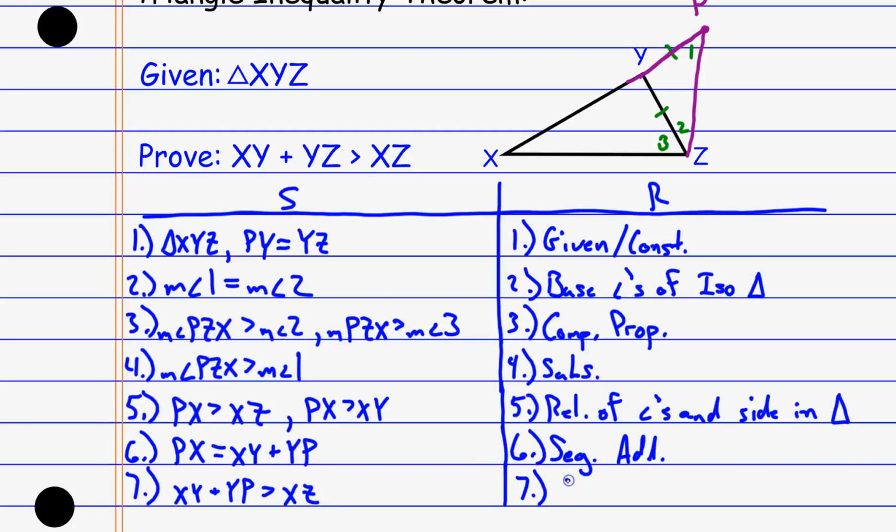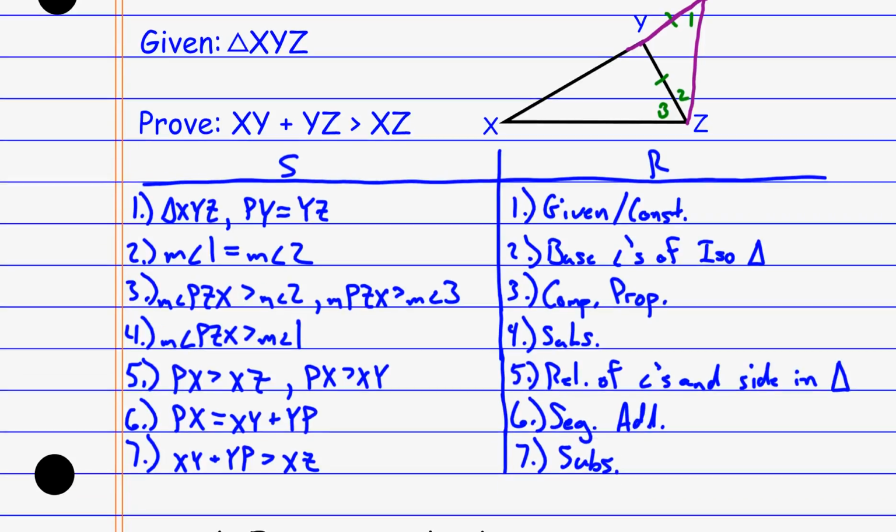That's substitution. And then I know that XP and YZ are the same thing. That was all the way back in my given. So I can replace that YP with YZ. And so what I end up with is that XY plus YZ has to be greater than XZ. And that's the thing that I wanted to prove, and that was just by another bit of substitution.